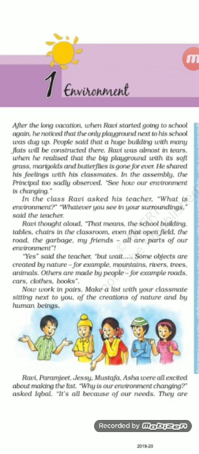Ravi was sad because the grass, flowers such as marigolds, and butterflies would be gone forever. He also talked with his classmates about this. Not only Ravi but the principal was also sad to see this. Observing sadly, he said how the environment is changing.